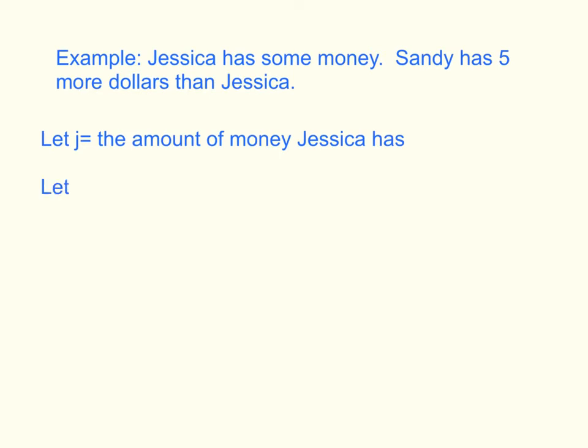So we can say let J plus 5 equal the amount of money Sandy has, because she has $5 more than Jessica, and Jessica has J. So 5 more would be plus 5.